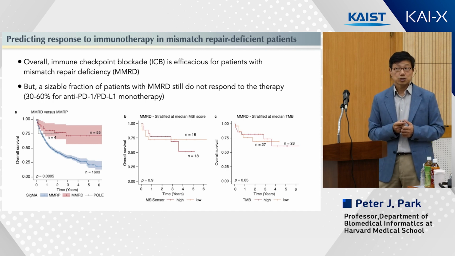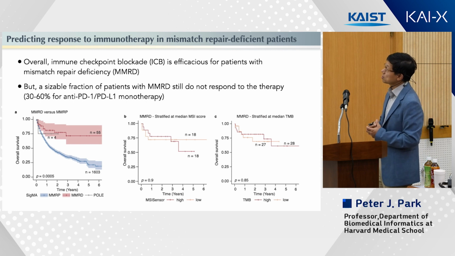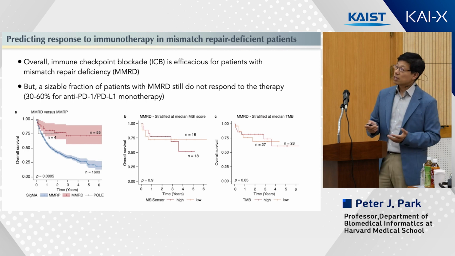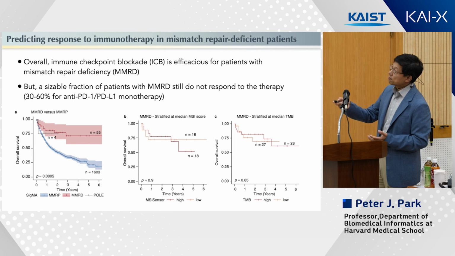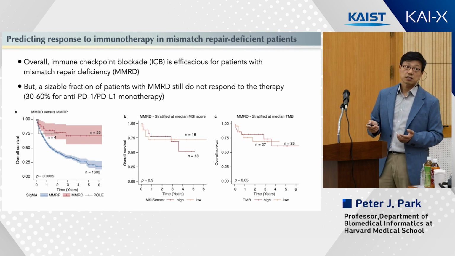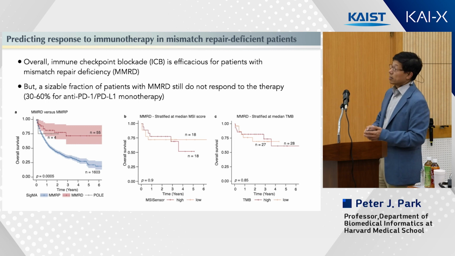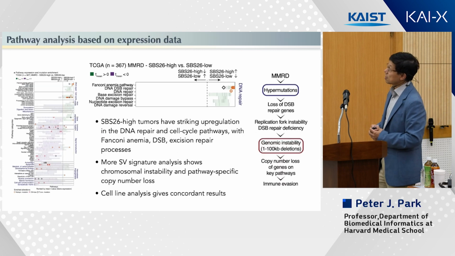And so the question to us was, well, can we do better? Of these 55 that respond a little bit better, can we still distinguish the ones that do respond and do not respond? So we do mutational signature analysis.